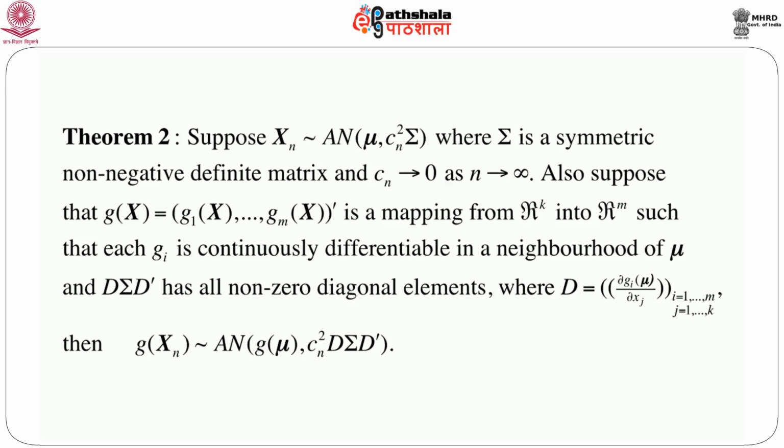So this is the matrix of del del xj of gi(mu), where i equals 1 to m, j equals 1 to k. Then it can be shown that g of Xn follows asymptotic normal with g(mu) and dispersion matrix Cn square D sigma D prime.